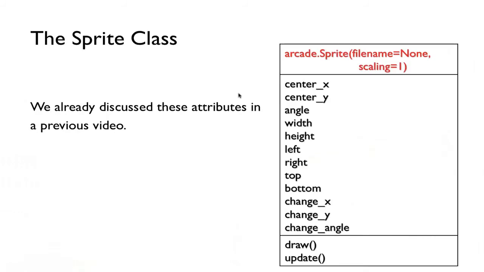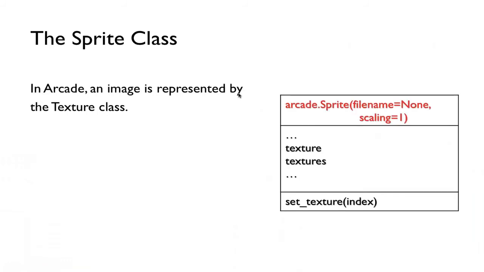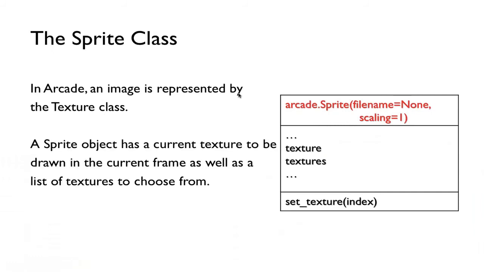Okay, so let's go back to the Sprite class. In the previous video, we talked about attributes that help us work with sprites. But now we want to talk about 2 more helpful attributes. Every time we have an image in Arcade, it can be loaded into an object called the Texture class. A Sprite class has a couple of helpful attributes.